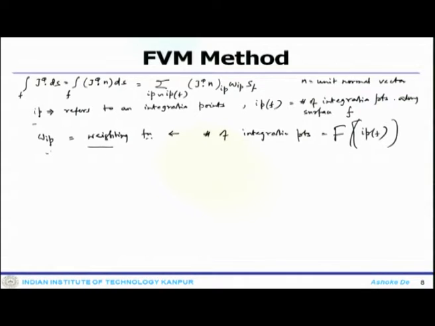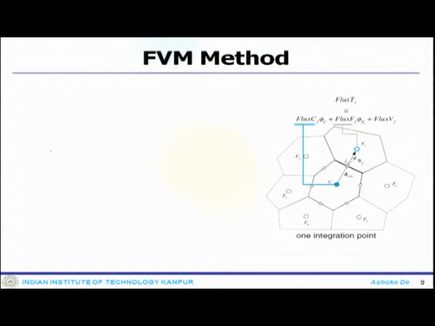Okay. So now we can approximate how many points you can have. For example, let us say you get this particular element and you have the faces 1, 2, 3, 4, 5, 6, this is the centroid of that element, and your neighboring F1. To get this flux integration, I have one integration point.